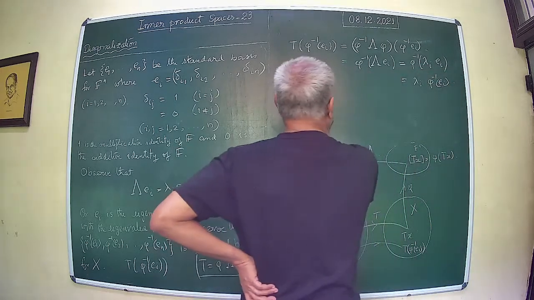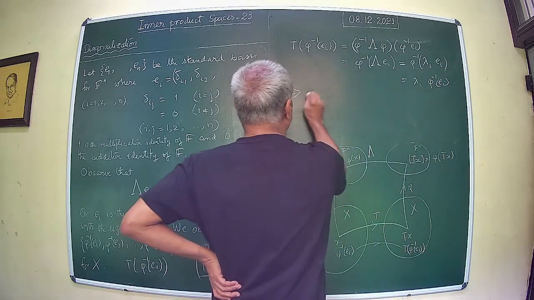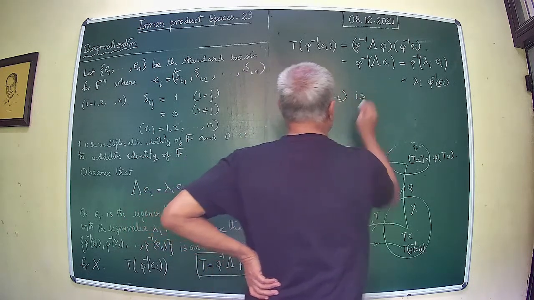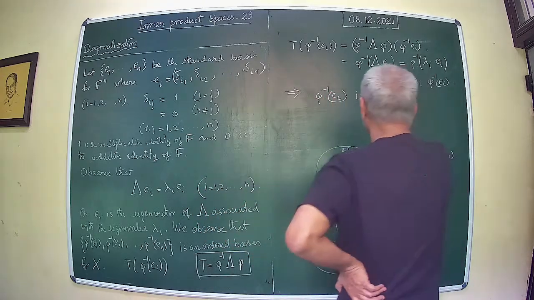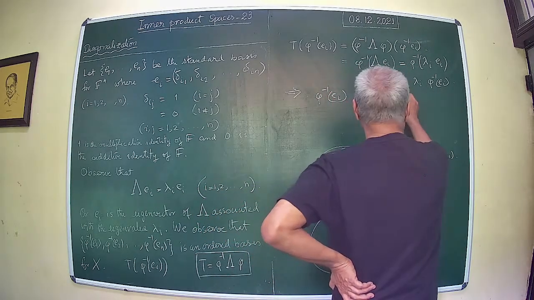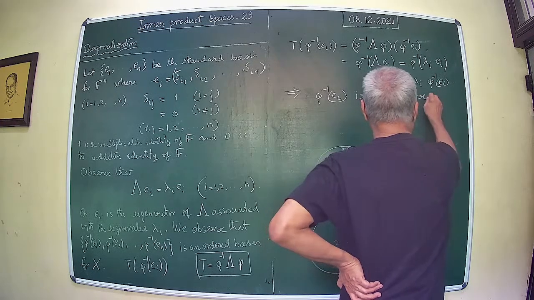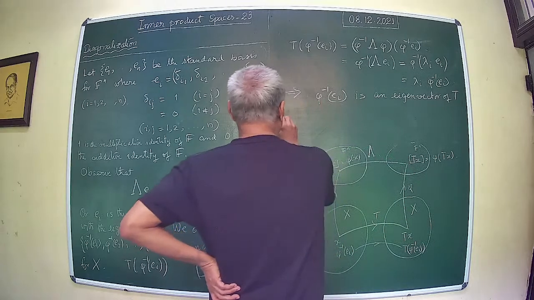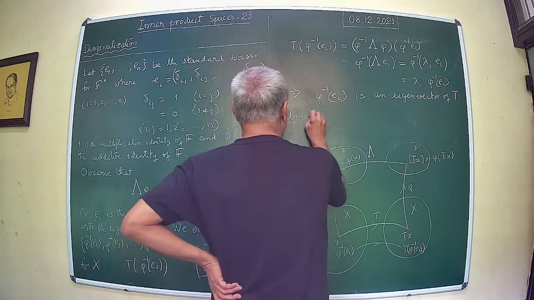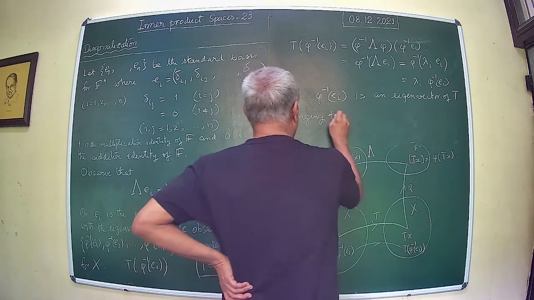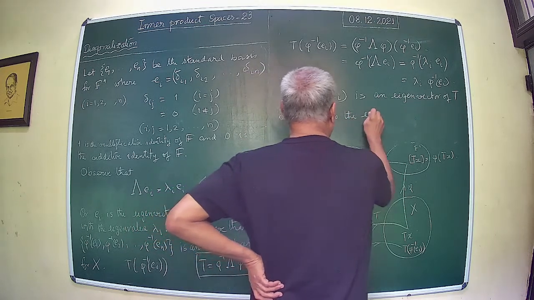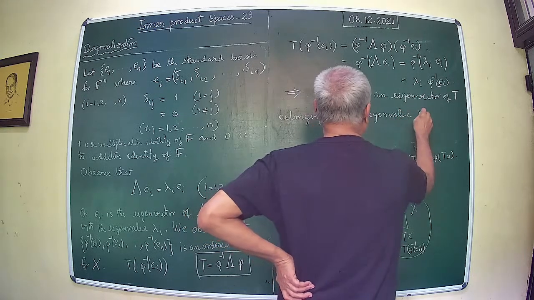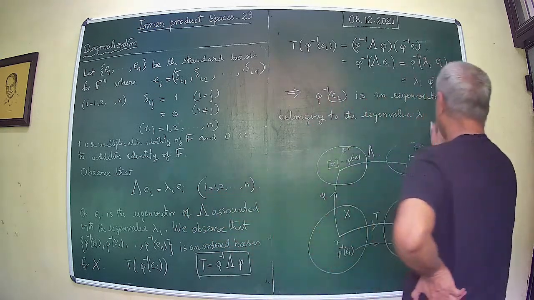Therefore, what we have is an eigenvector of T belonging to lambda i.